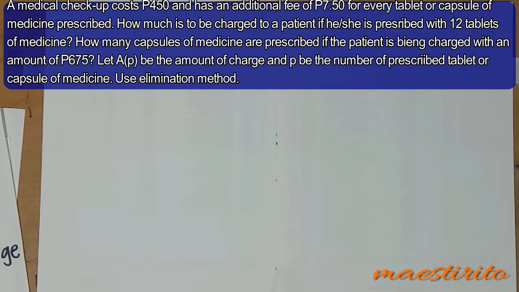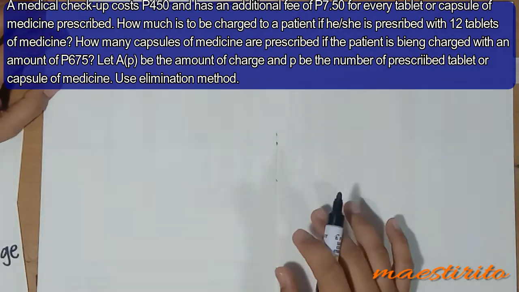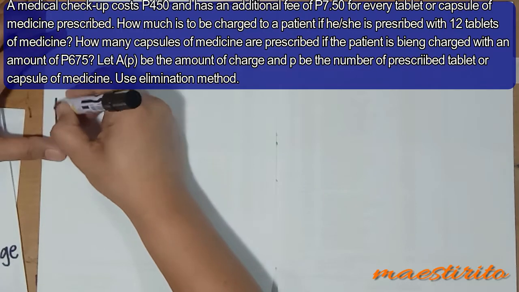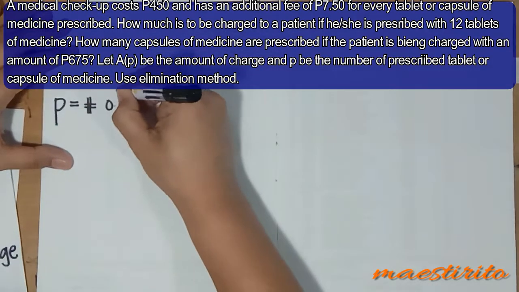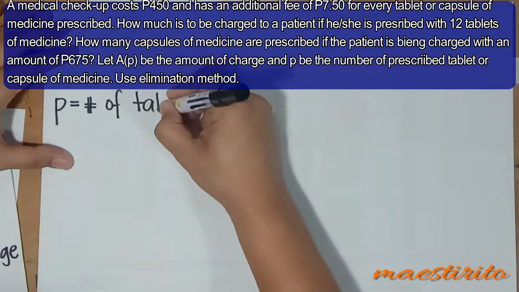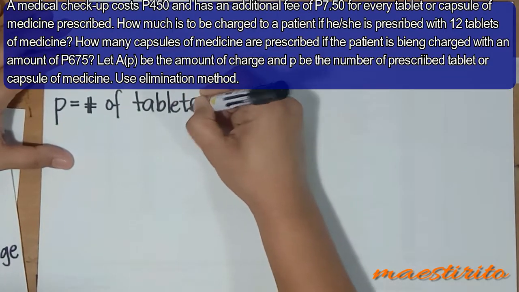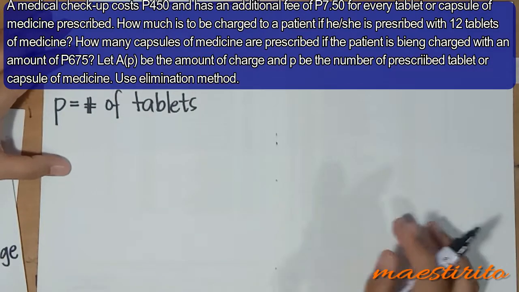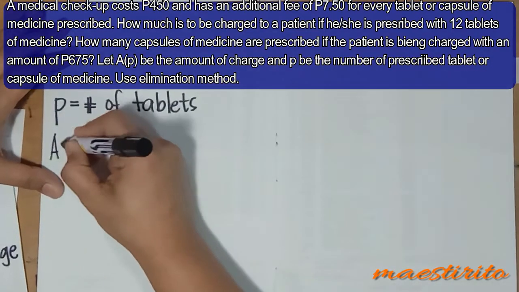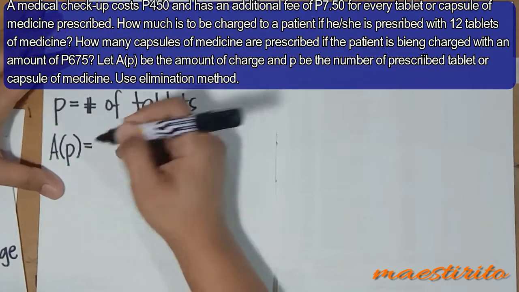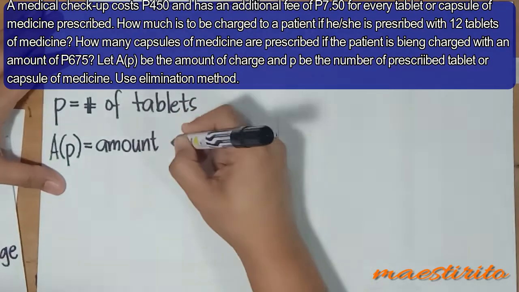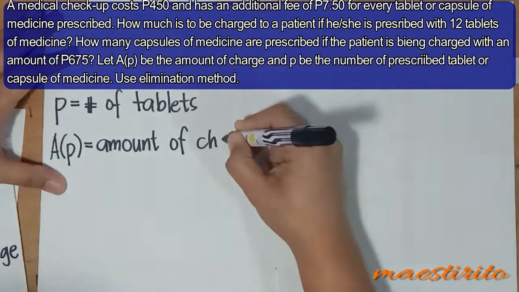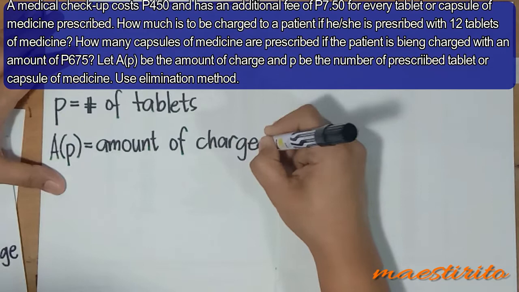To answer this problem, let us start with the notation of the variables involved. So I will be using P to be the number of tablets which the physician will be prescribing for the patient, and then let me use A of P as the amount of charge due for the consultation.